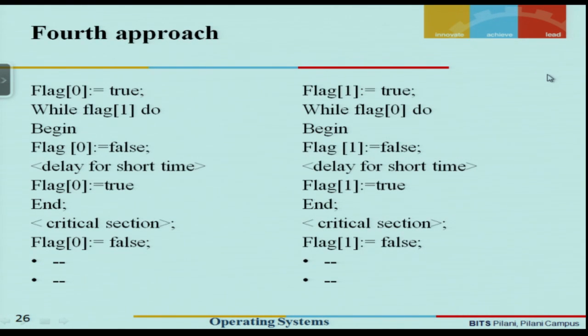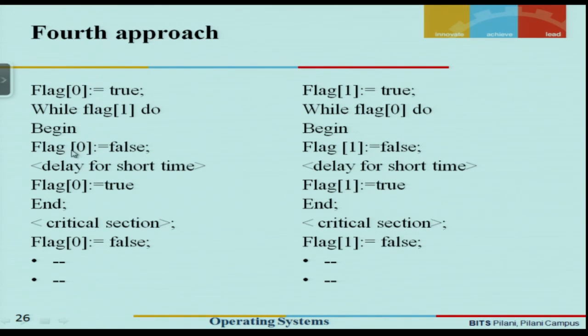So let us solve this particular problem. In the fourth approach which we are presenting here, we are going to provide a backing off mechanism, and let us see how the approach works. So we start with the same thing. We say that flag 0 equals to true, and we say while flag 1. If flag 1 equals to true, then we try to back off.